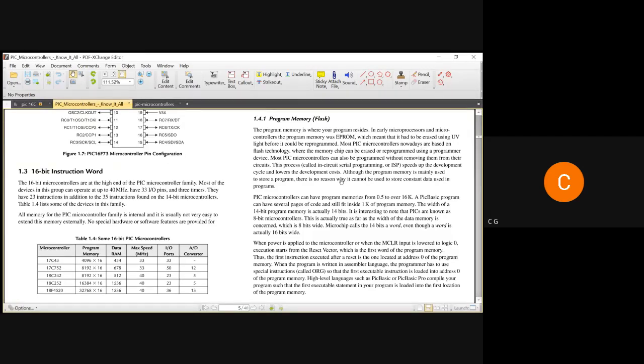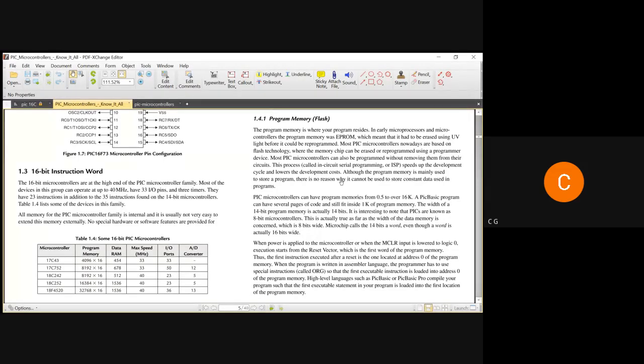For that purpose, you must have seen such an IC on a microprocessor kit: these UV erasable ROMs are used. There is some sort of glassy structure on the IC itself. When you shine the UV light, it will erase the program.